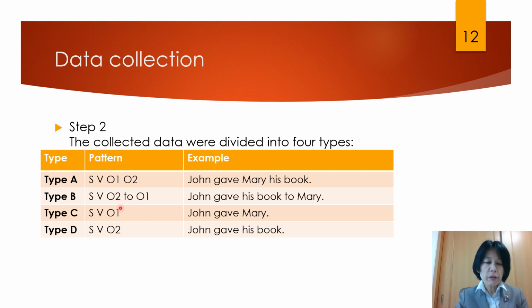In addition to these 2 types, another 2 types were added to this analysis. Type C is the construction that lacks the direct object, like John gave Mary. Type D is the construction that lacks the recipient, like John gave his book.